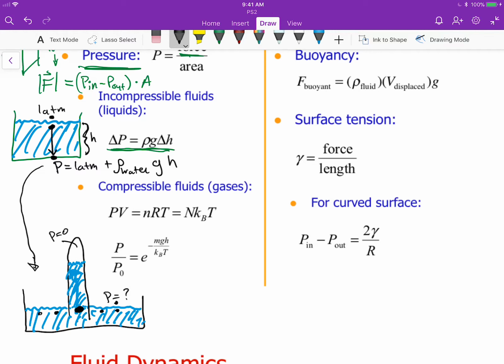And so if we know the pressure is 0 here, the pressure is 0 down here or anywhere up in this tube, and then we start moving down in this fluid, we're trying to figure out what the pressure is down here.